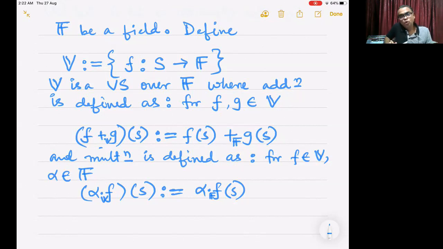Check that all the properties would be satisfied, because those properties are natural properties in the field: commutativity of the addition, associativity of the addition, additive inverse, additive identity.